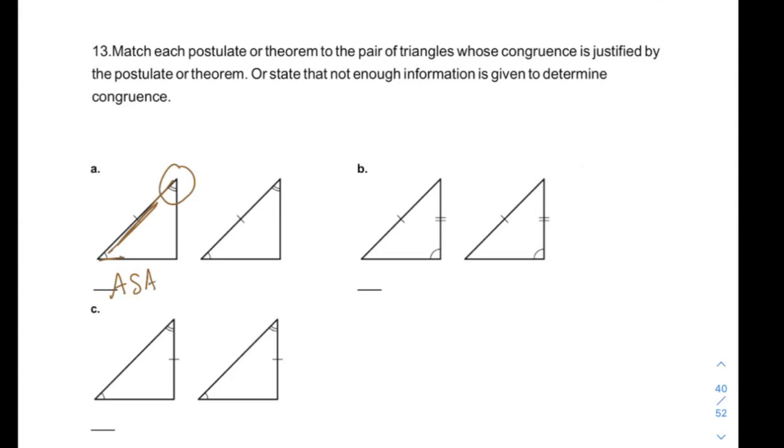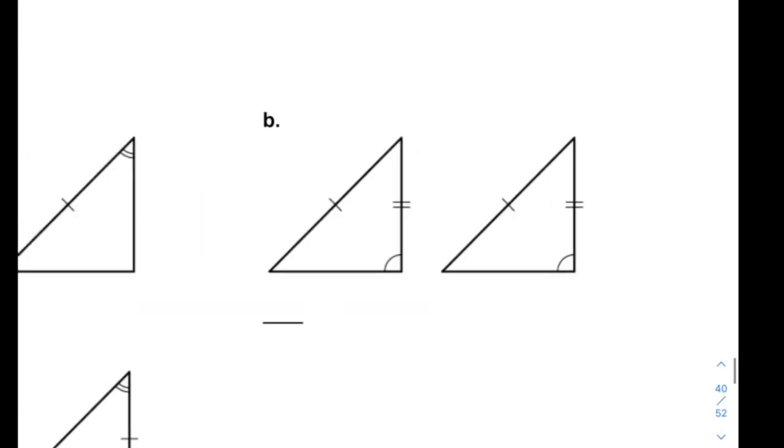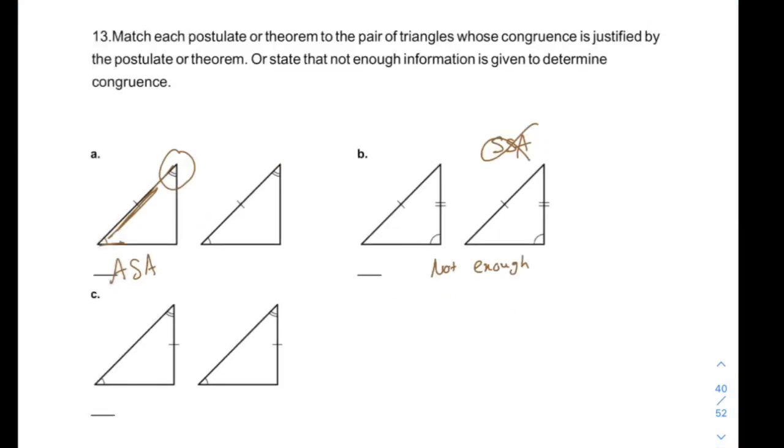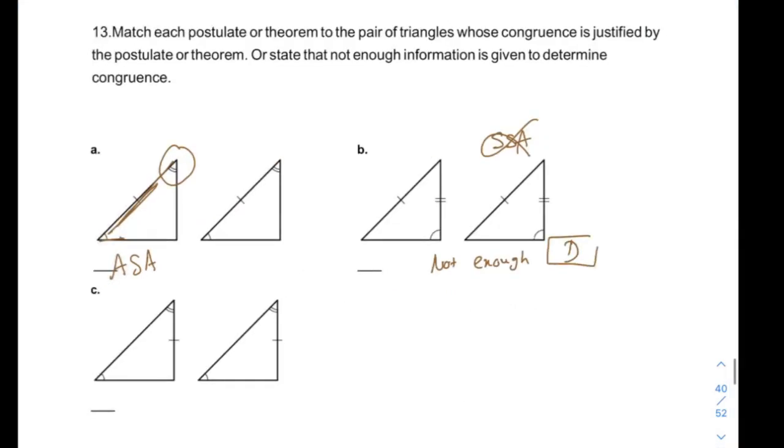Very clear. Now for this one, it is side, then angle. There is nothing called side angle. Side angle is not there. So here, not enough information. So this is D? Yeah, D. And this one was B.